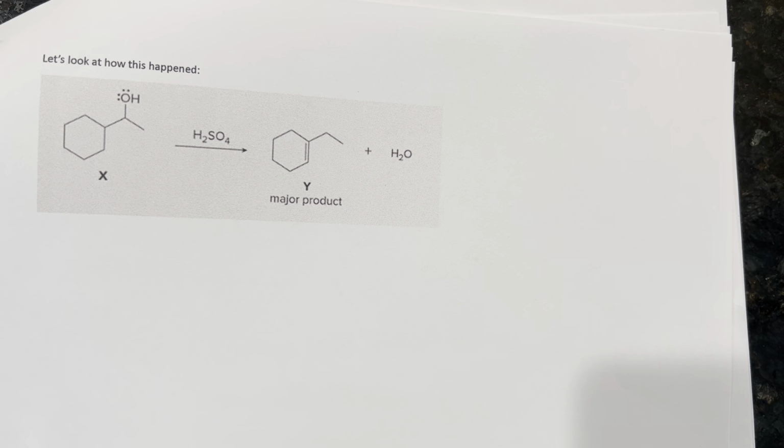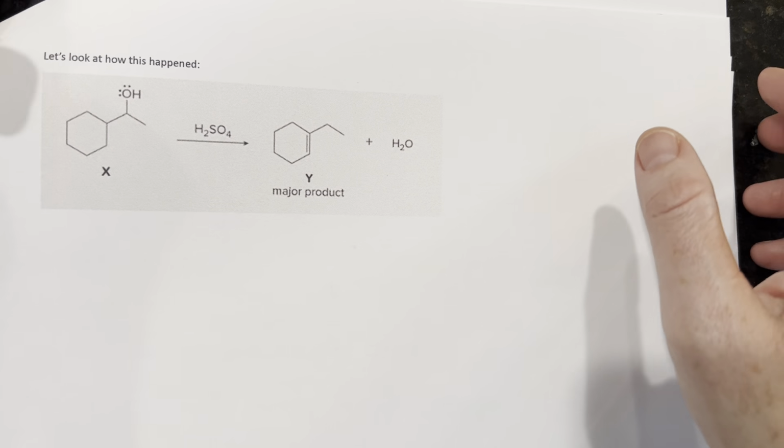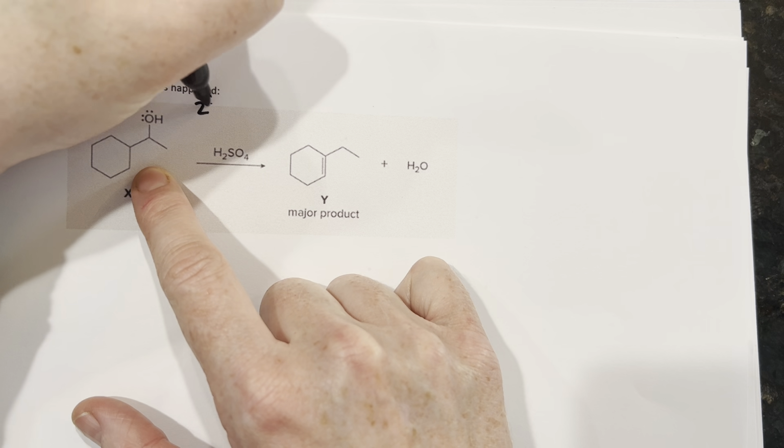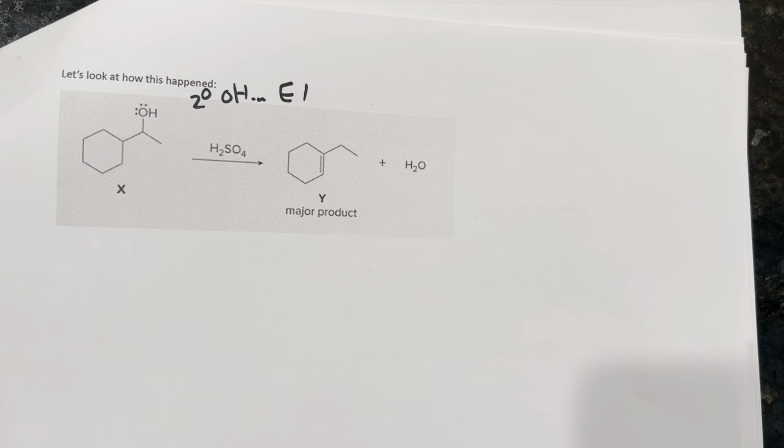Okay, so from the top, let's see if we can do it. It says, let's look at how this happened. Okay, so we know step 1, first of all, I see this as secondary. So it's gonna be via E1, meaning the leaving group has to leave first, right?